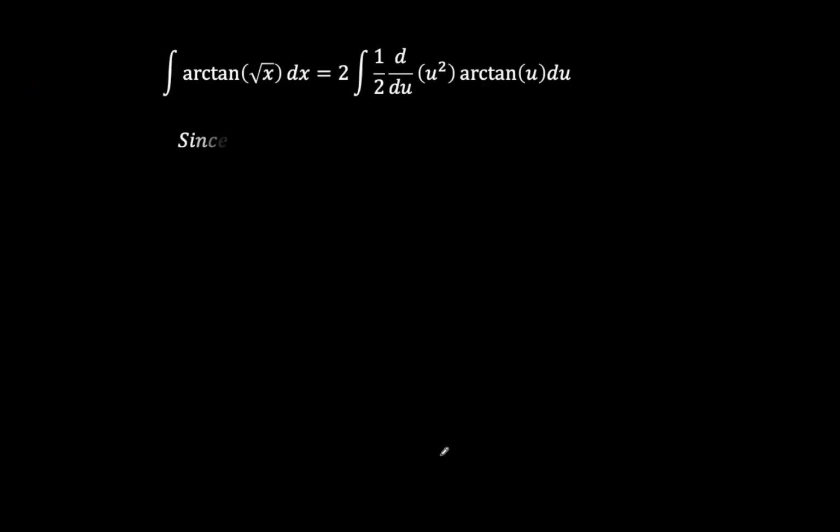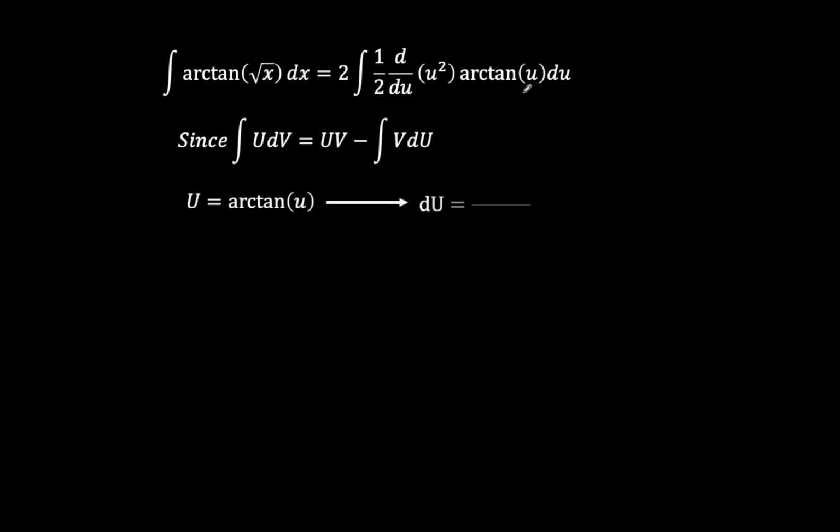Therefore, if now we set u to be arctangent of u, then du is the derivative of arctangent of u, which is 1 over 1 plus u squared. And if dv is the derivative of u squared, then it means that v is u squared.